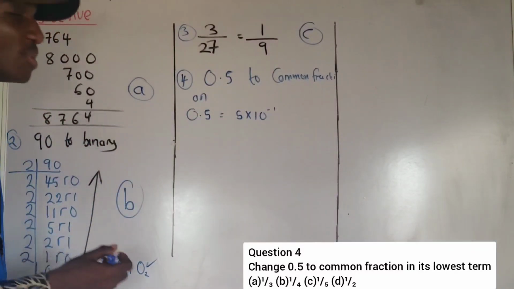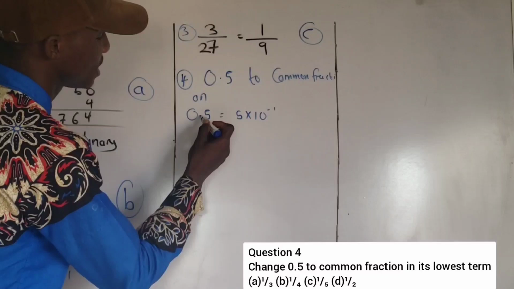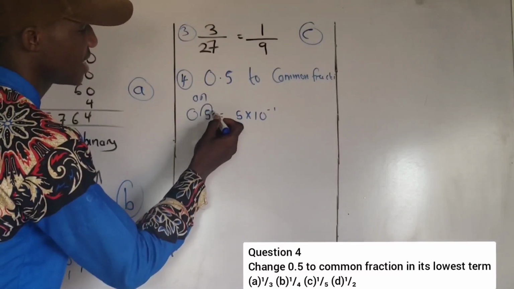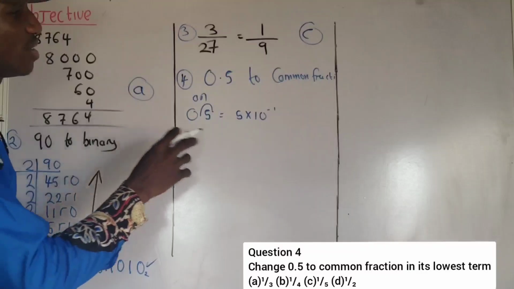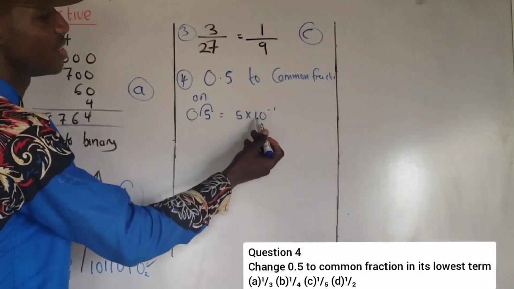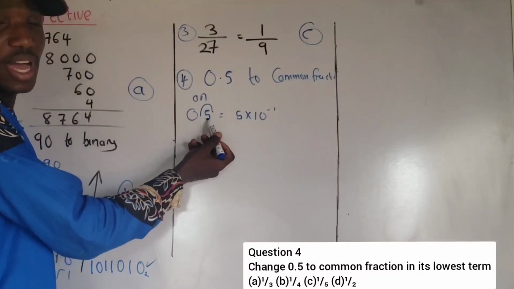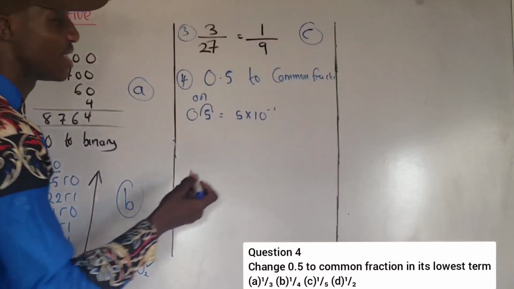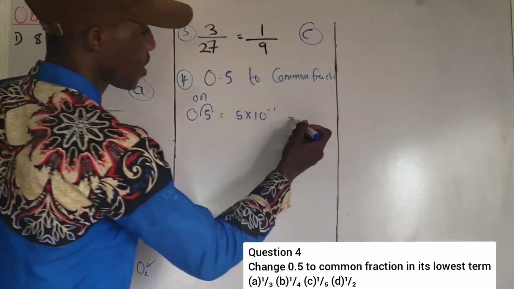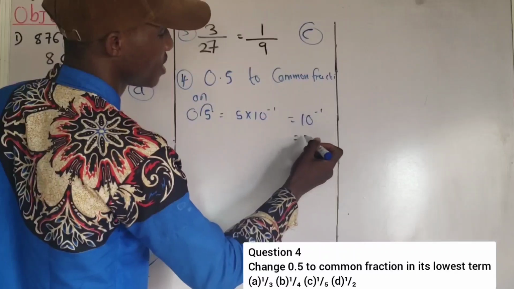Do you understand? Because if you move the decimal point to the right, you multiply the digit, which is 5, by 10 with a negative power. And 10 raised to the power of negative 1 is the same thing as 1 over 10.